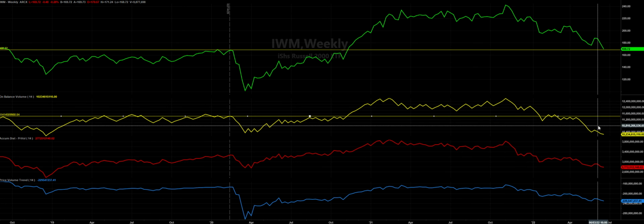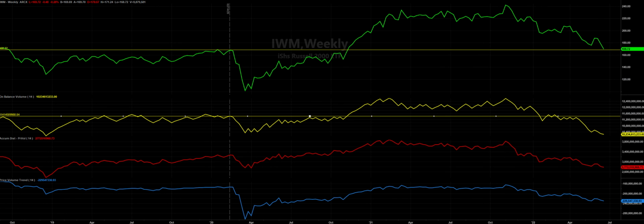The volume is out on the weekly chart. The accumulative volume has already broken back below its March 2020 highs. Price has not yet, but the volume has.